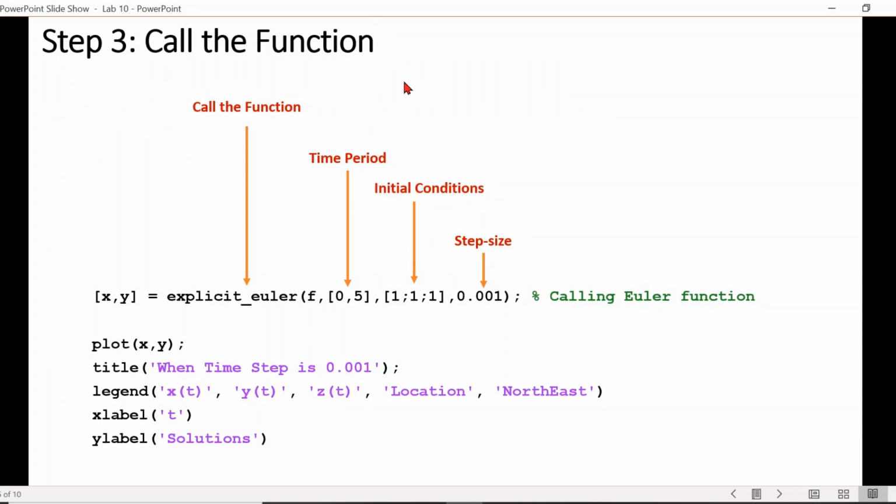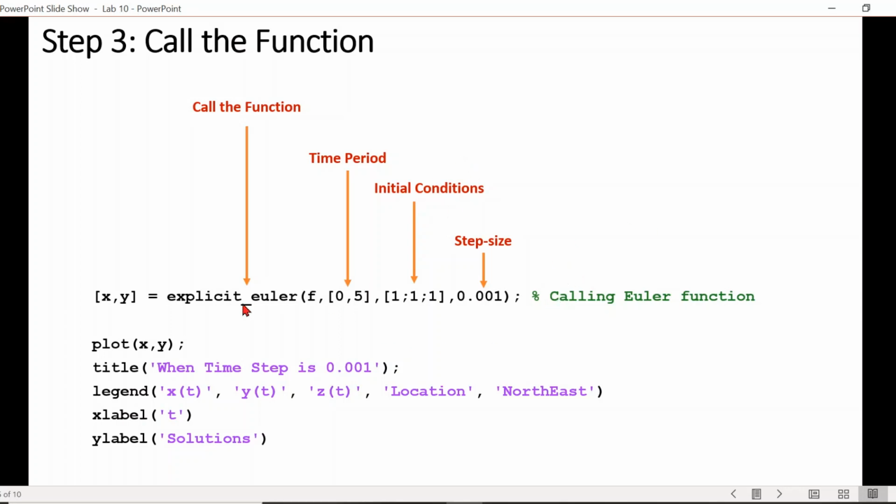The third and final step: you have to call the Euler function that we created for solving our ODEs. Here, look at the expressions.